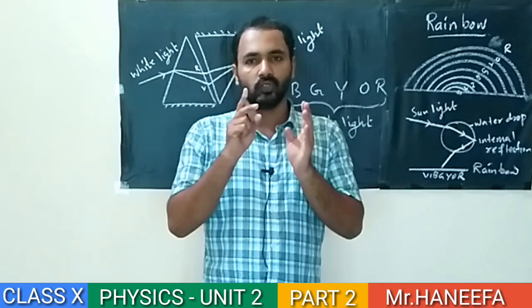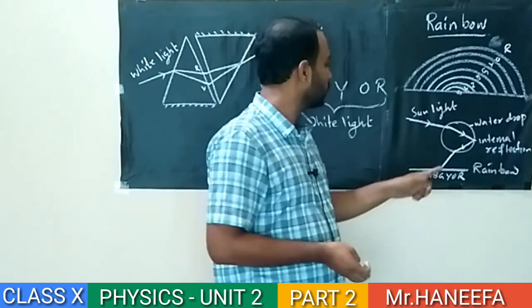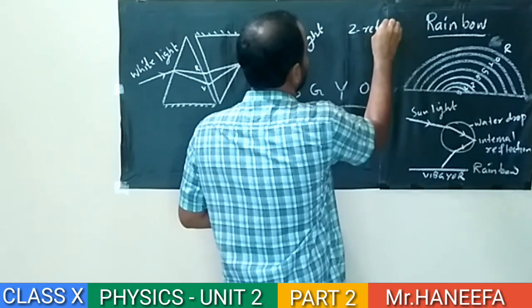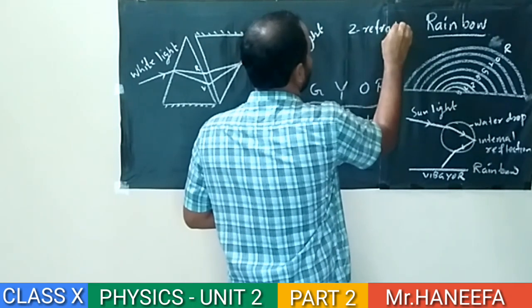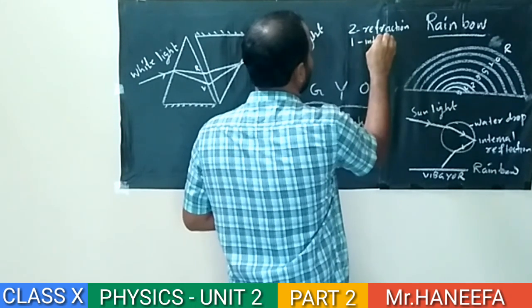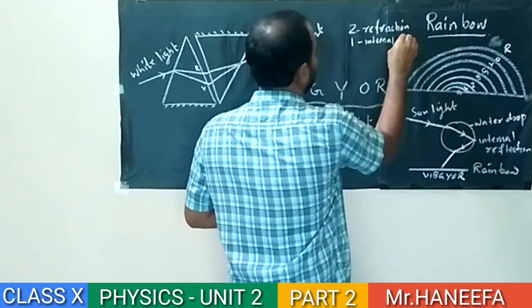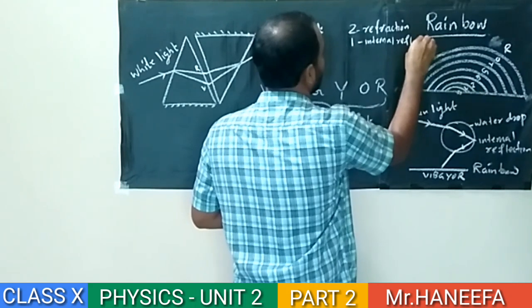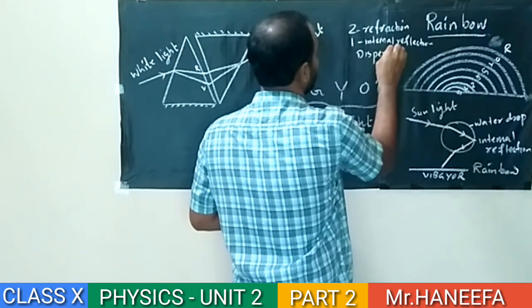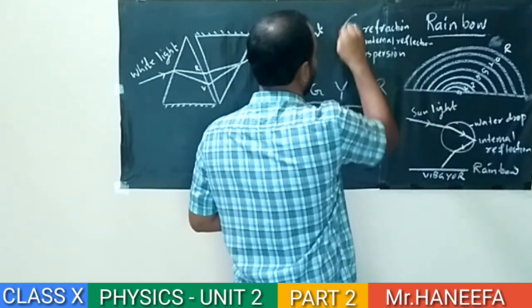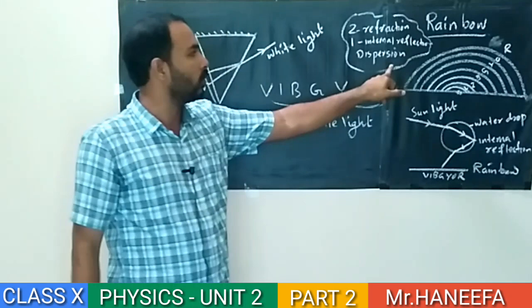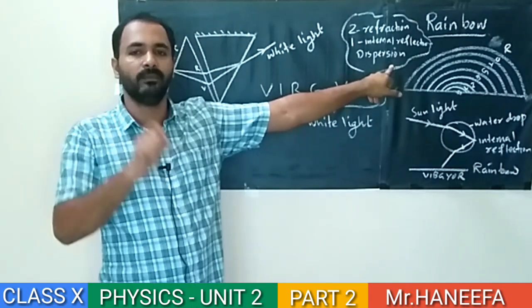First, two refractions, one internal reflection, then dispersion. These are the phenomena included in the formation of rainbow.